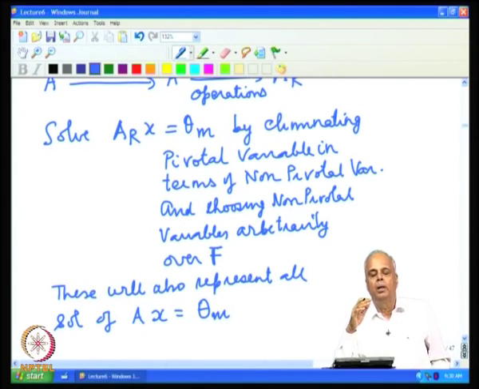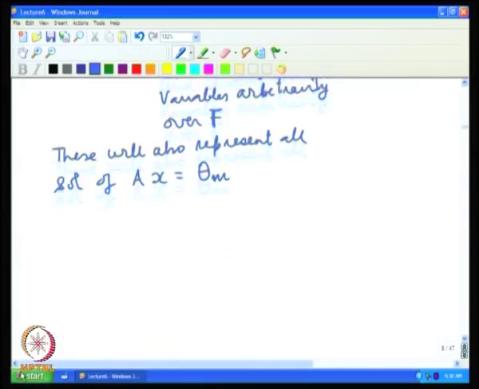One, by using the first column operations and the cleanup operations to reduce the given matrix to the row reduced echelon form, and then instead of solving A x equal to theta m, solve the easier system A_R x equal to theta m. It is easier because it is in row reduced echelon form. And once you solve A_R x equal to theta m, these will also be the solutions of A x equal to theta m, because both A and A_R are row equivalent.